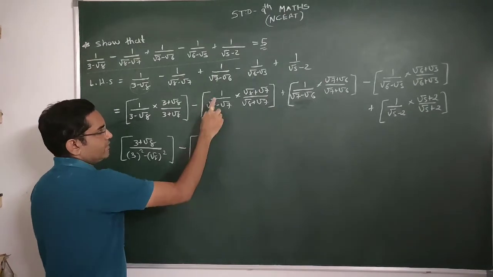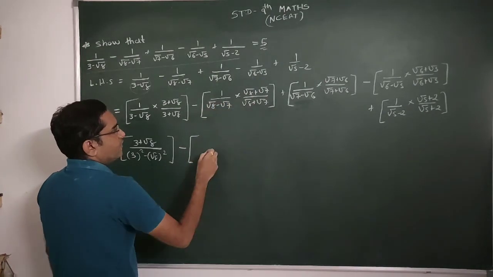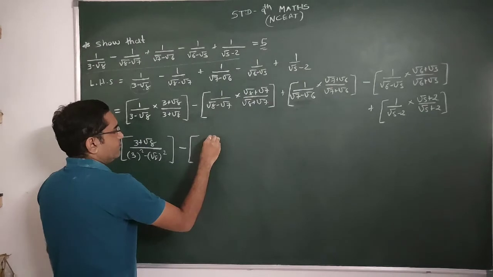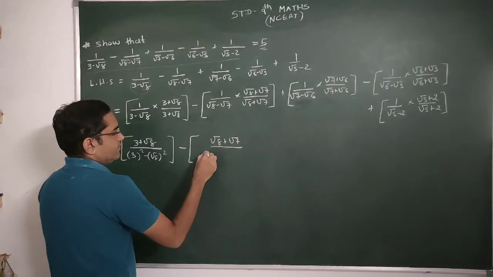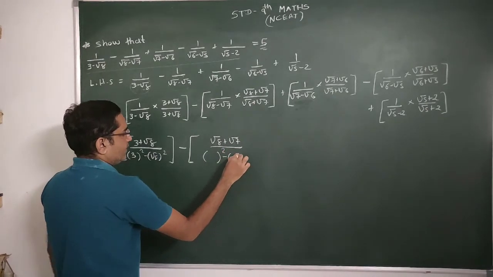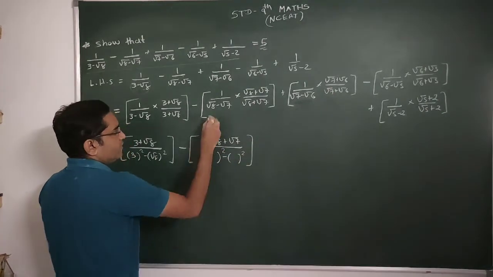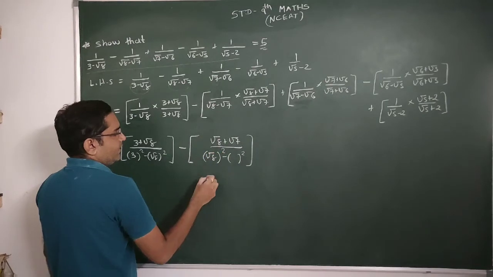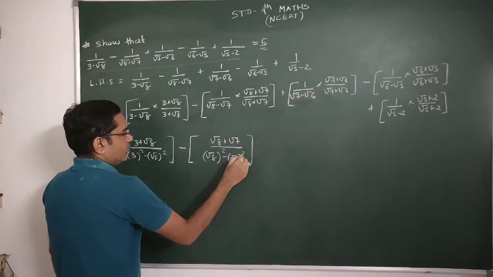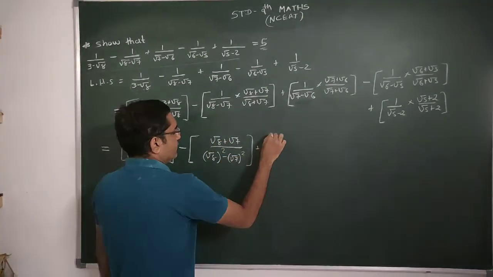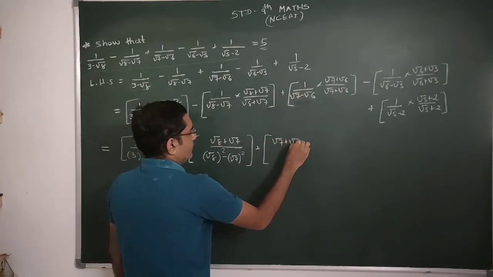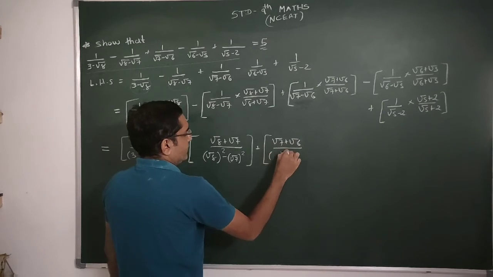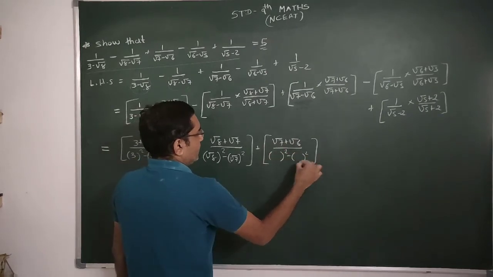Minus. Now here again 1 into root 8 plus root 7, so we are getting root 8 plus root 7 divided by first term square minus second term square. The first term is root 8, the second term is root 7. Plus, similarly, root 7 plus root 6 divided by first term square minus second term square.